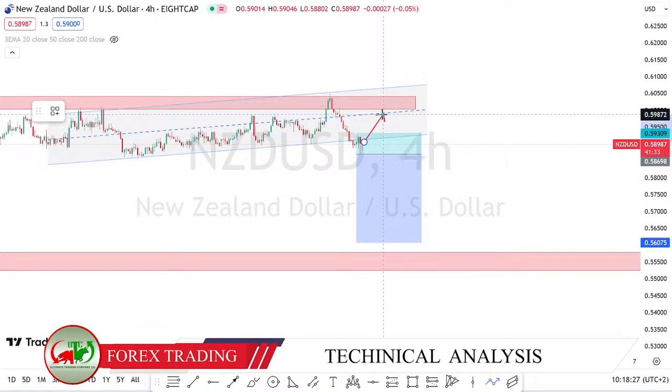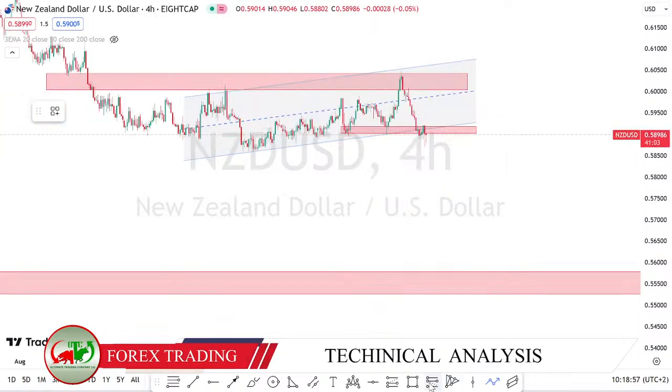Let me make it like this in order to make it very clear. We do have a resistance here, because it was broken and now it is testing. What I mean is, there is a high probability that New Zealand USD can continue to drop down, and we do have this minor support here.